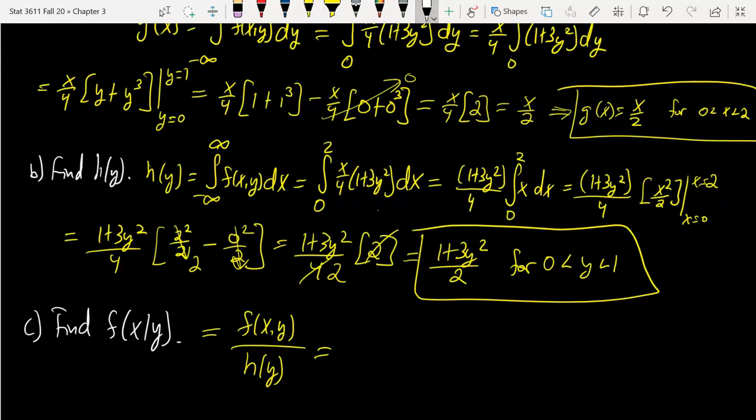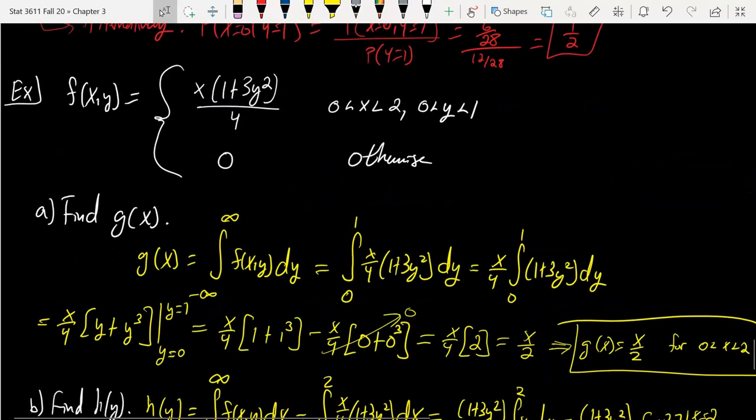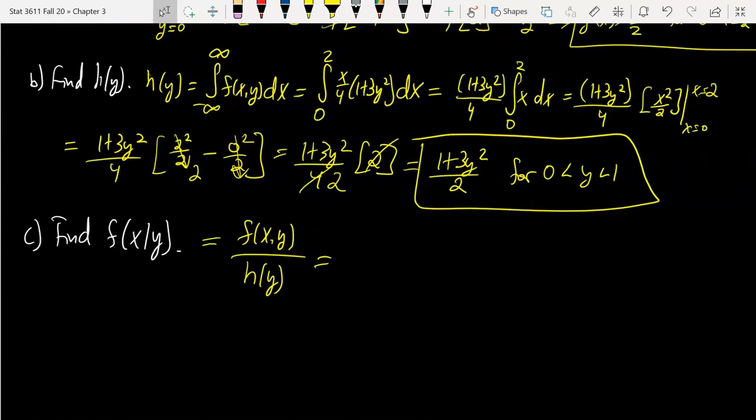What is the joint density? The joint density is x over 4 times 1 plus 3y squared. Then this is divided by h of y, and h of y we have as 1 plus 3y squared all over 2. That is our conditional density.